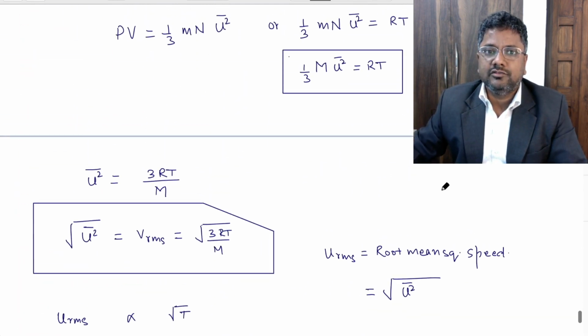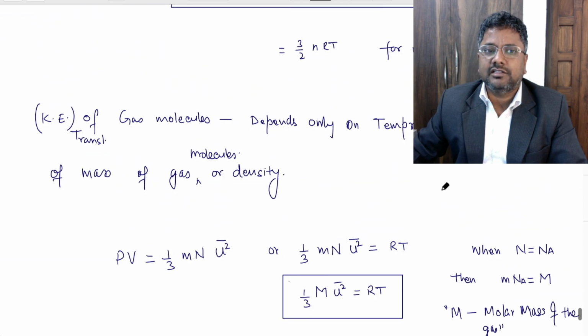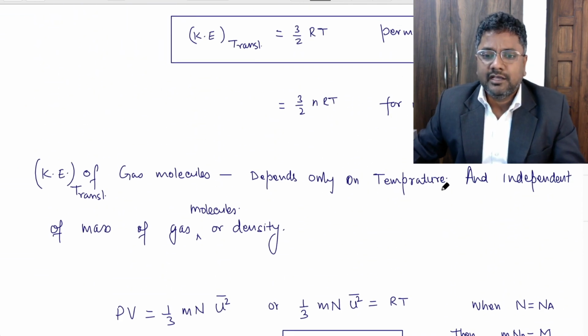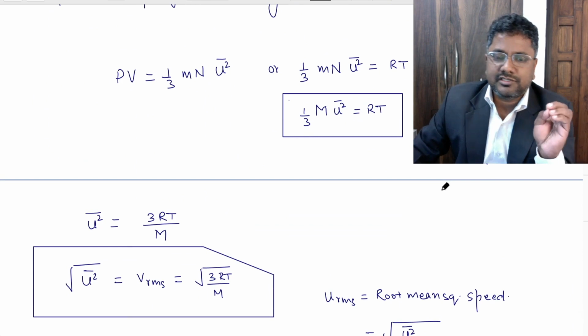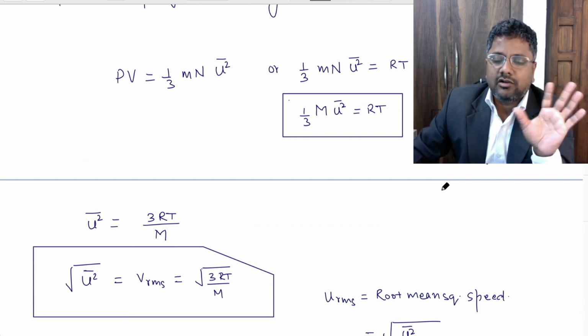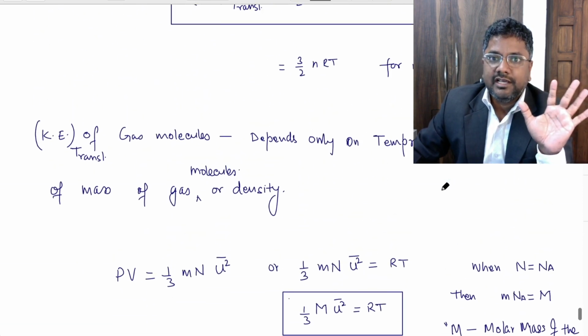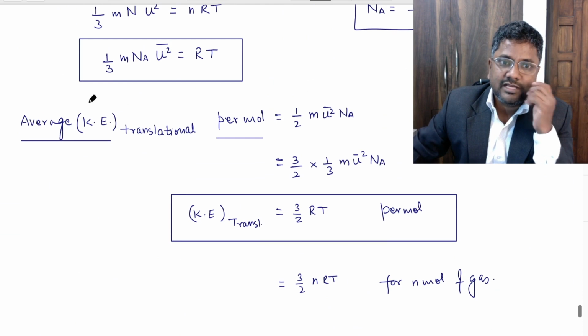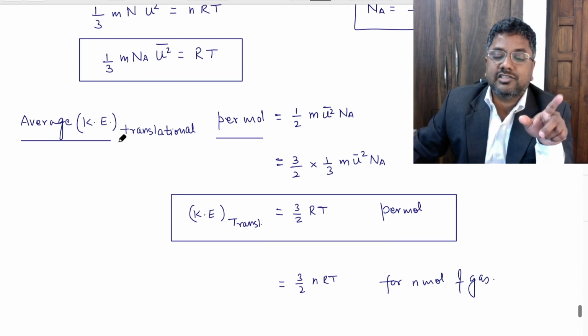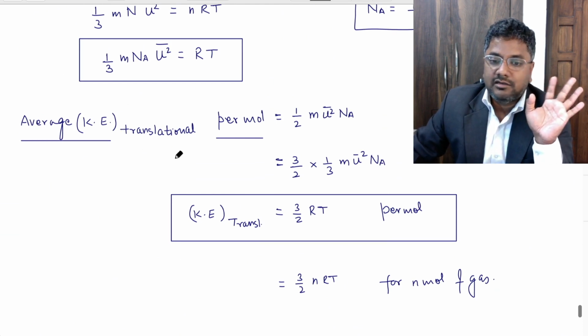So at a given temperature, all gas molecules do not have the same speed or the same energy, right? Because at a given temperature the average energy is fixed, but if you consider individual molecules, not every molecule has the same energy. That's why the word I have used is average translational kinetic energy, not the energy of each individual molecule, right?